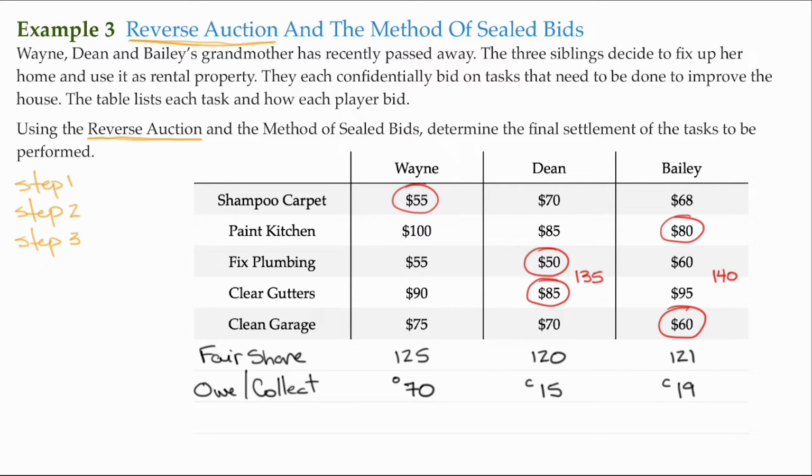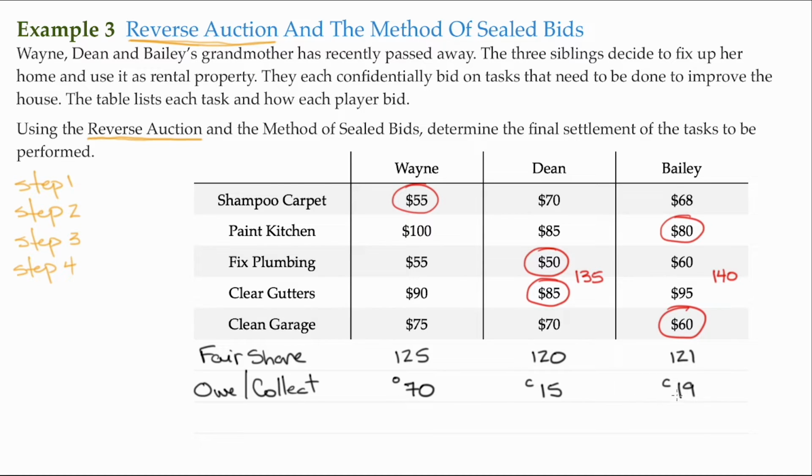Now again, step 4 is going to determine if there is a surplus of work. We can see here that Wayne owes $70 worth of work. Dean's going to collect 15 and Bailey's going to collect 19. So the $70 that Wayne owes, Dean's going to take out 15 and Bailey's going to take out 19.